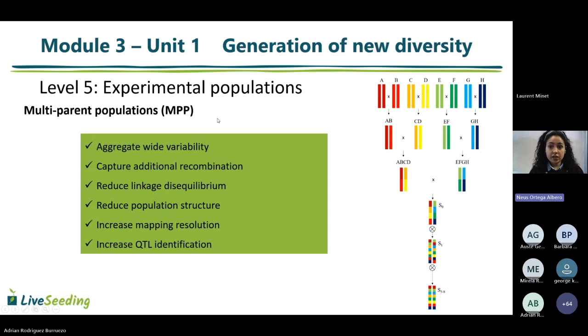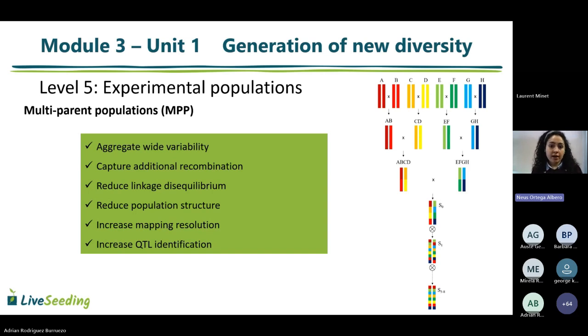These populations include more than two parental lines in the first intercross. They are being developed to aggregate more variability and capture additional recombination of many genotypes. The higher recombination helps gene discovery and increases mapping resolution in QTL, or genome region identification, because of the lower linkage disequilibrium and population structure.